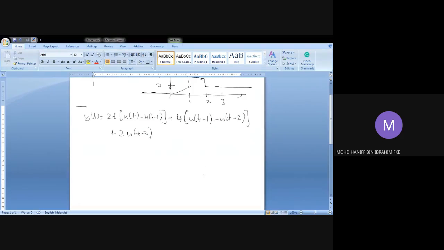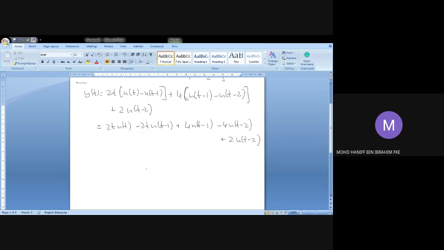Now we're going to proceed with this yt. We can write it as 2t of ut, minus 2t of ut minus 1, plus 4 of ut minus 1, minus 4 of ut minus 2, then plus 2 of ut minus 2.